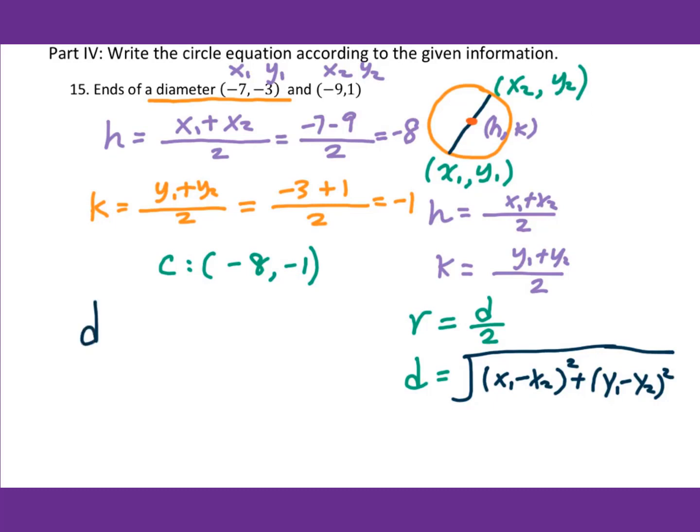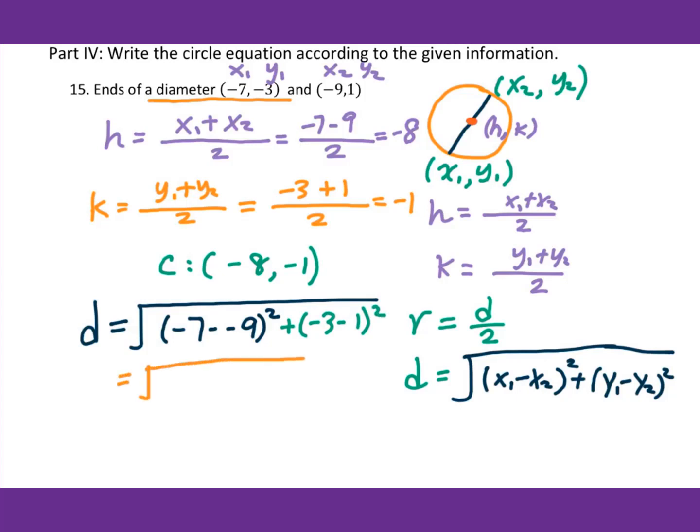Now for the distance of the diameter, I can get negative 7 minus negative 9 squared plus negative 3 minus 1 squared. You will get the square root. This is 4 plus 16.